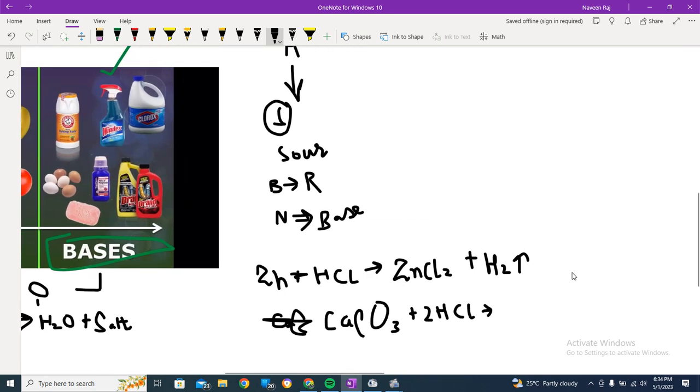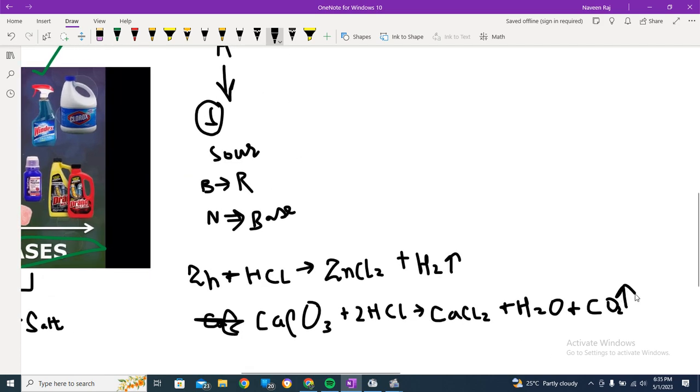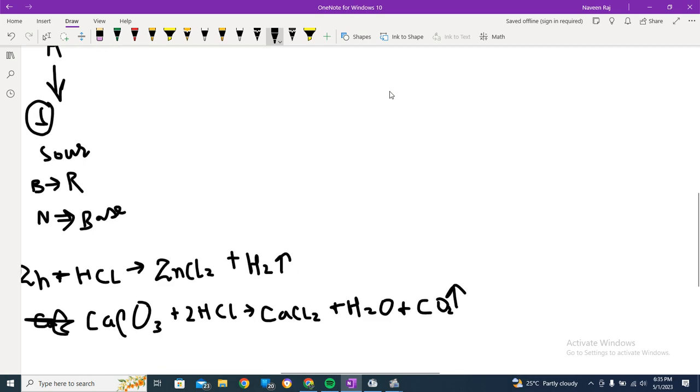As I said before, acid releases CO2 when it reacts with carbonates. So the products are CaCl2 plus water, and we have liberation of CO2. This is a sign that this is an acid. Now we are done with the properties described by the classical theory of acids.